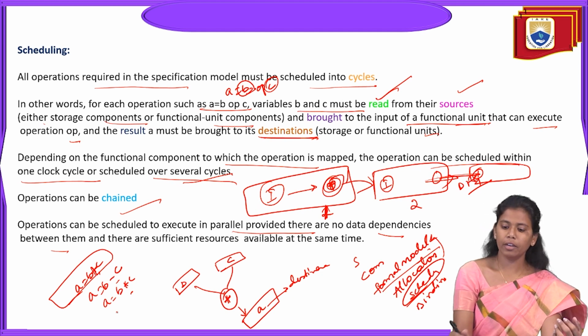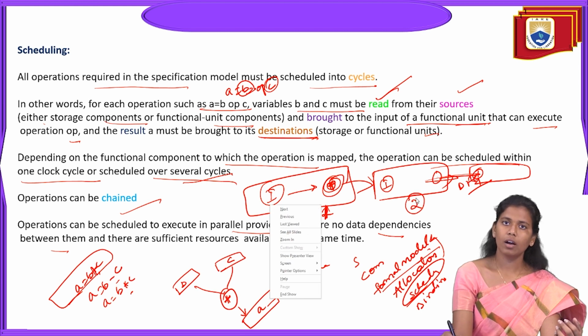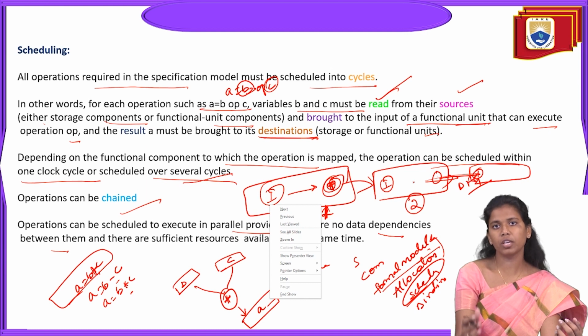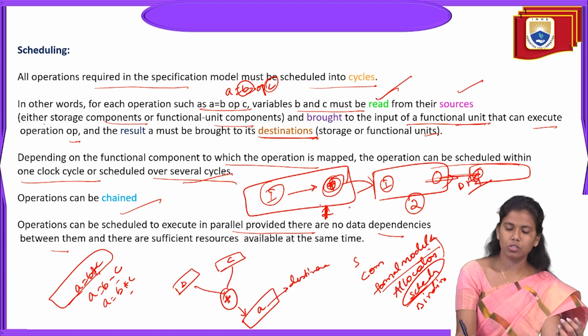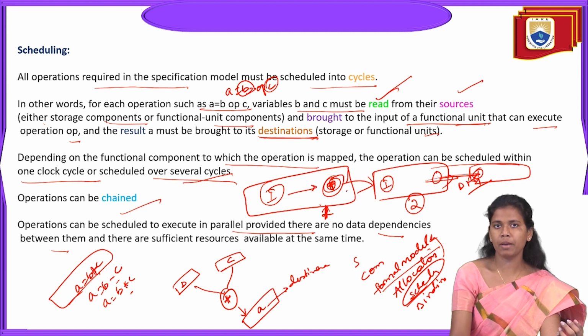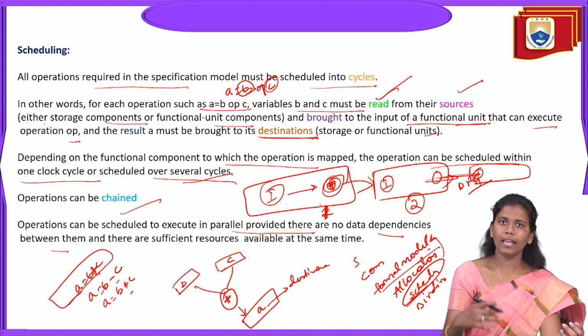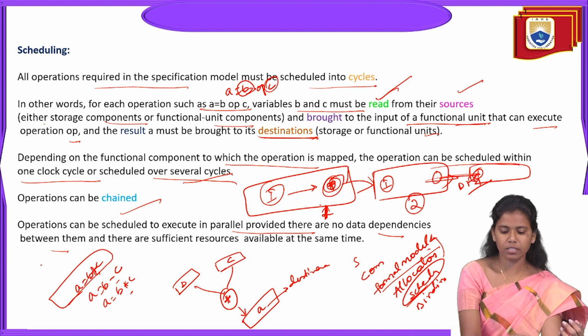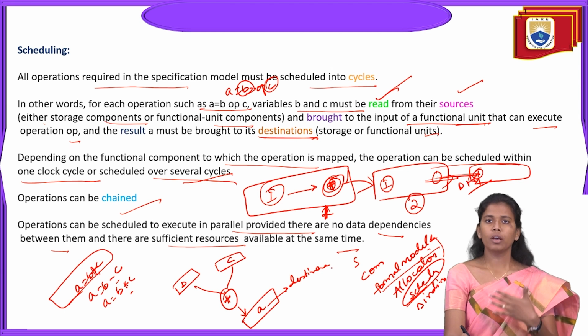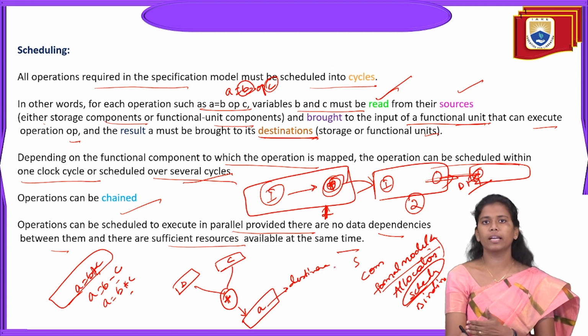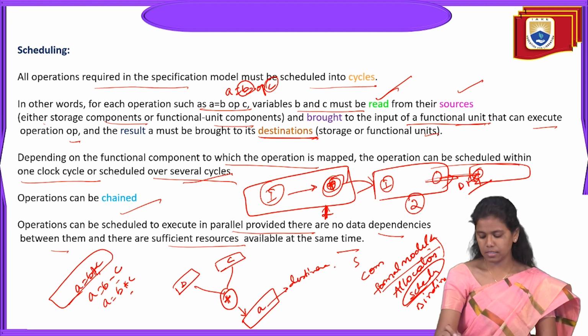That means, in order to execute element 2, if I need any data from element 1, I cannot process element 2 until I get the data I want from element 1. If element 2 has sufficient data, then I can easily process it. So that's what it's saying. There must be sufficient resources available at the same time, so that to execute all the operations concurrently or in parallel, there is sufficient data available in the libraries that we can access.